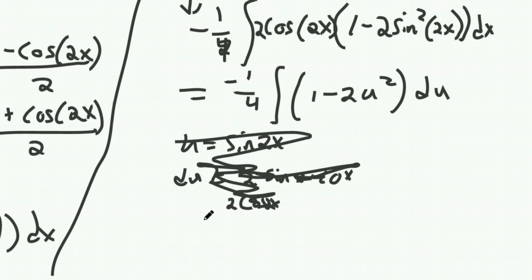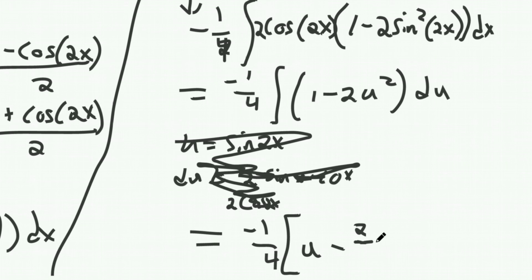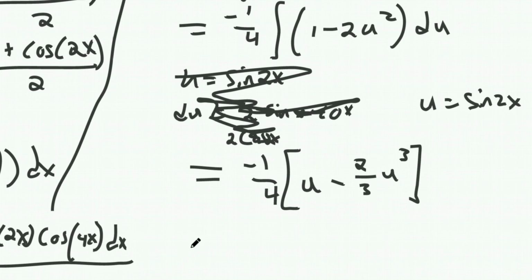So all that substitution's done. So negative 1/4. This antiderivative is going to be u minus, the antiderivative of 2u squared is 2 over 3 u to the third. And you need to plug in u equals sine 2x back in for u, negative 1/4.